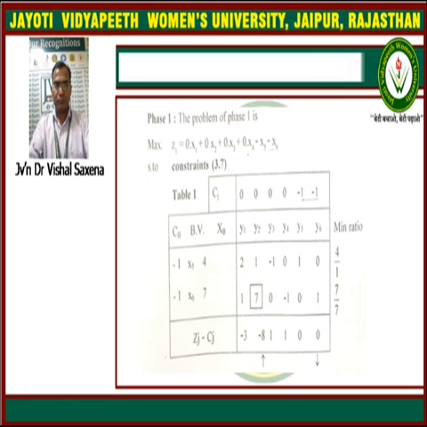Which is the minimum value here? Definitely 7 upon 7 is the minimum value. So corresponding to this, x6 is the outgoing vector. x6 means y6 is the outgoing vector, that is the artificial variable, and 7 is the key element.